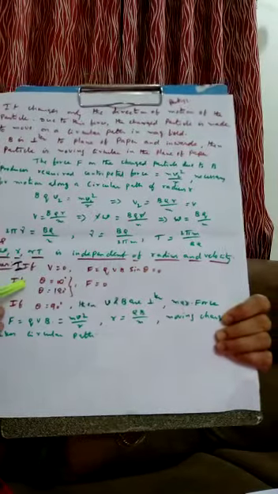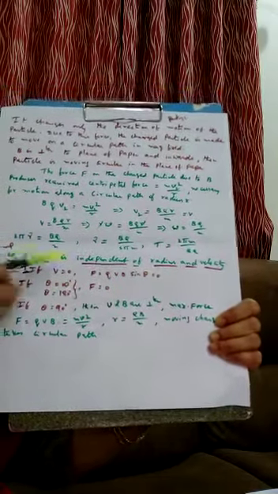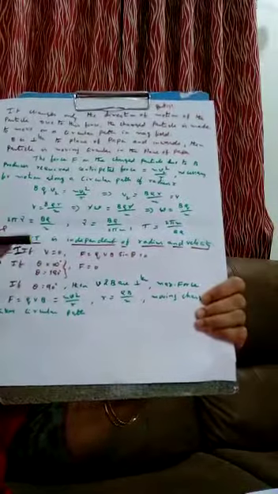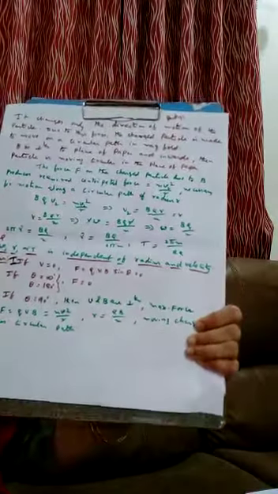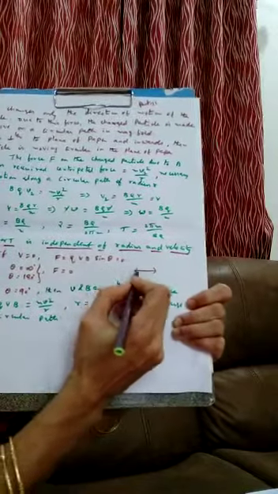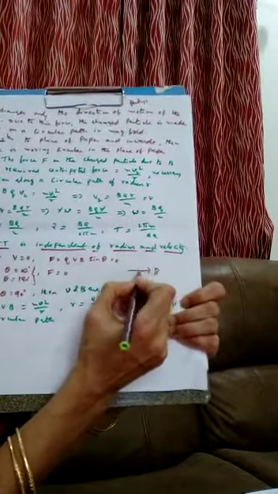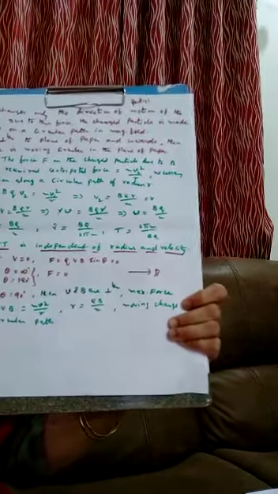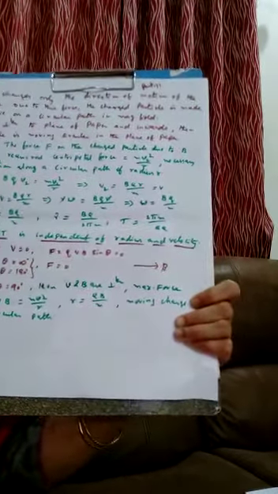Suppose the charged particle is moving along the direction of B, parallel or anti-parallel, opposite to that of B. Then what will be the force? Then also it is zero.